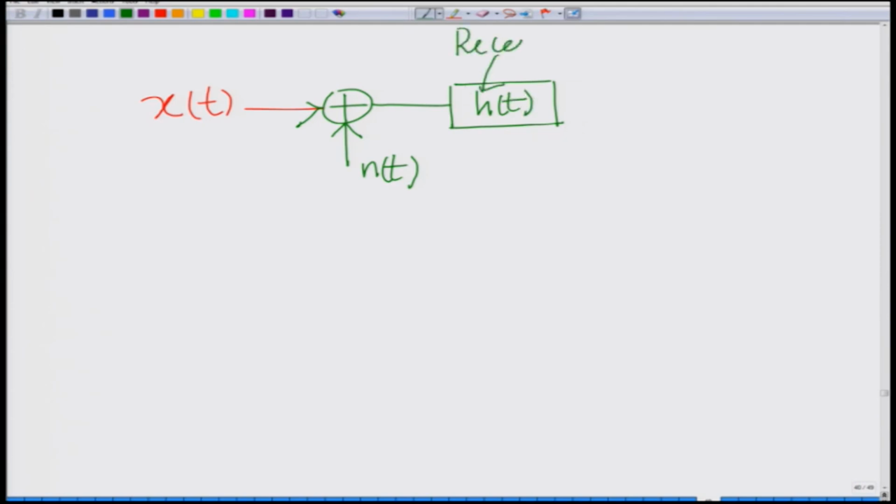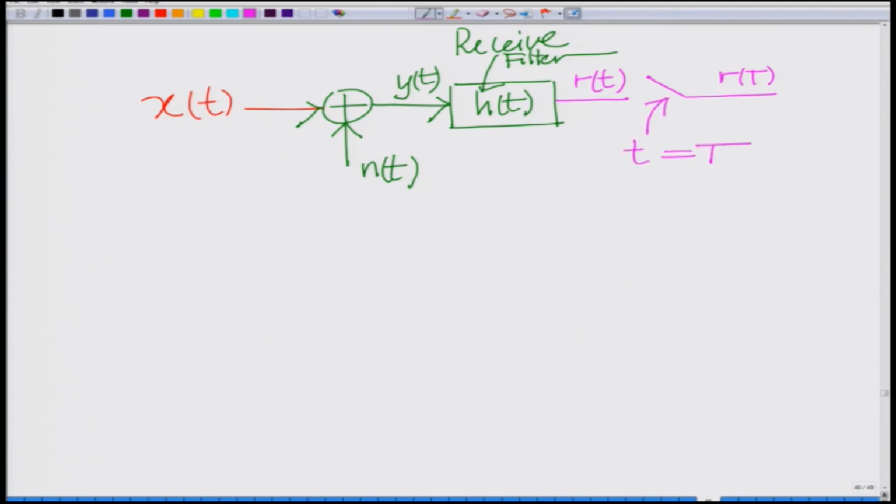This gives y(t), the output r(t), which is then sampled at t equal to capital T to yield r(T).